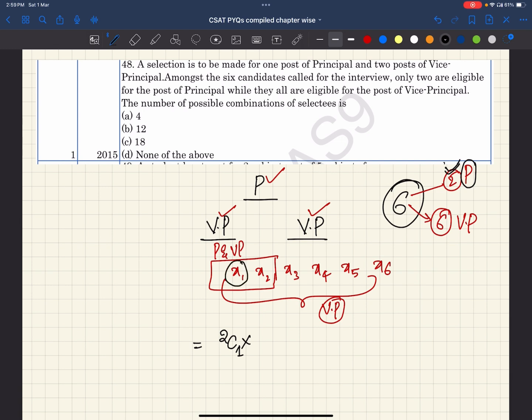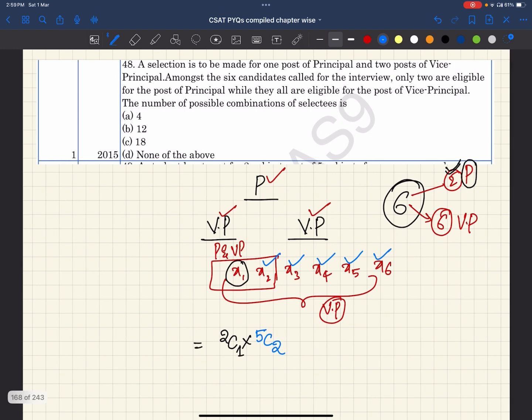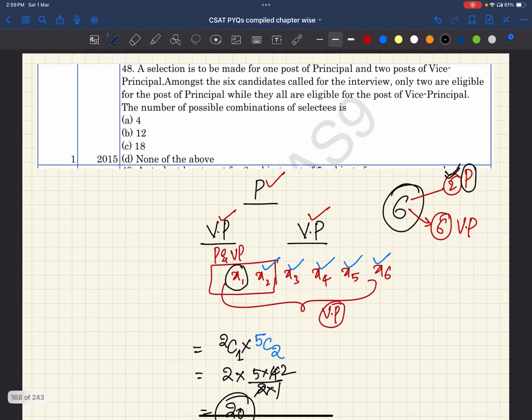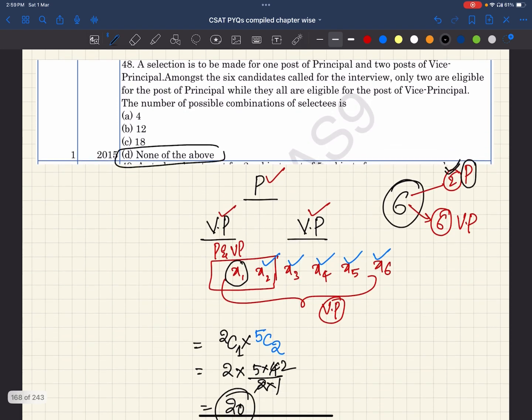How many will be left? 1, 2, 3, 4, 5. That means in the remaining 5, I have to select 2 persons for the vice principal post. That means 5C2. What is the 2C1 value? 2. What is the 5C2 value? 5 into 4 by 2 into 1, that is 10. So 2 into 10 is 20. Answer is none of the above.